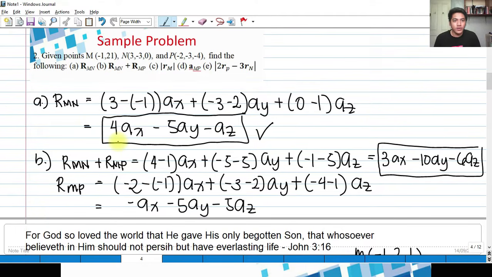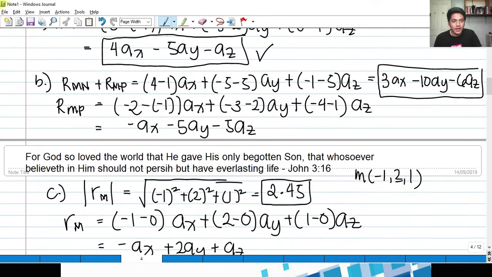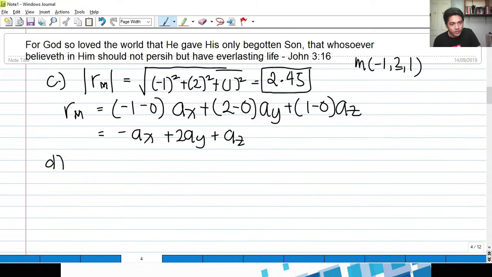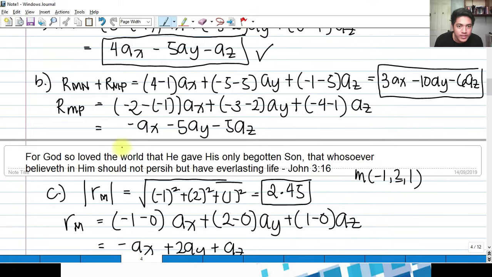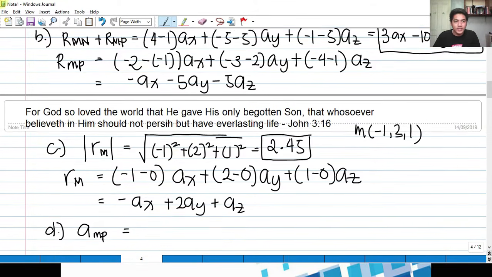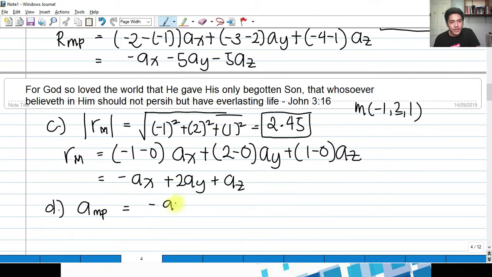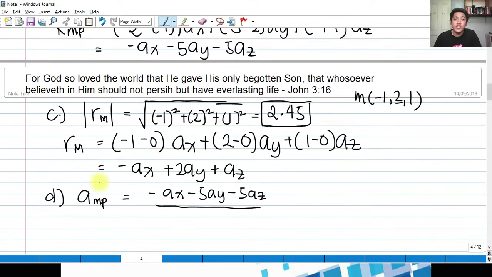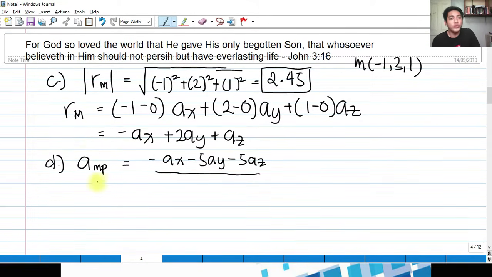For letter D, we want the unit vector of MP. Do we already have MP here? Yes, we have already the vector MP, and it is negative a_x minus 5 a_y minus 5 a_z, over the magnitude, since this is the desired unit vector.